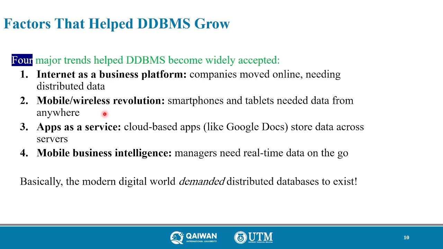Also, the mobile and wireless revolution: smartphones and tablets needed data from anywhere. Apps and services: cloud-based apps like Google Docs store data across servers. The last one would be mobile business intelligence. Nowadays, managers need real-time data on the go. Basically, the modern digital world demanded the distributed database to exist.